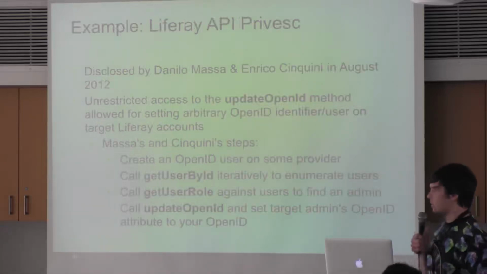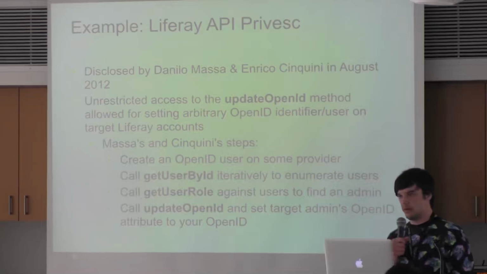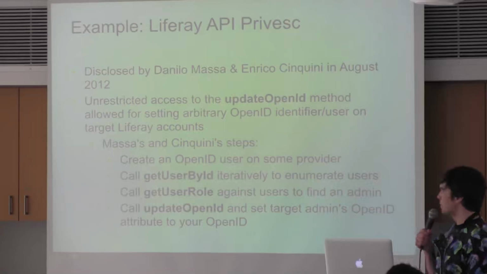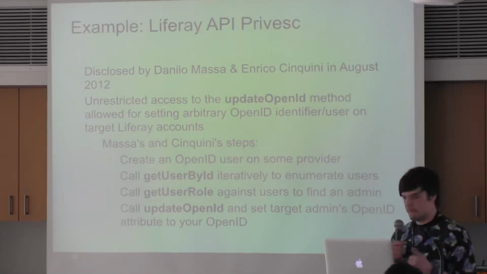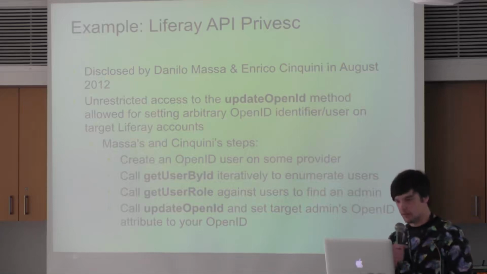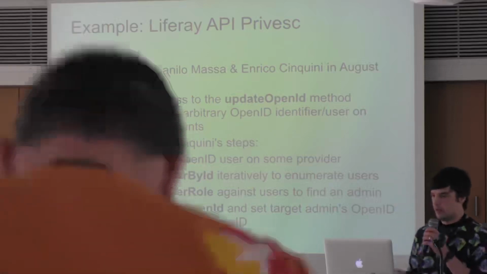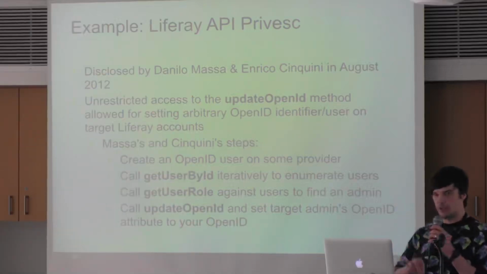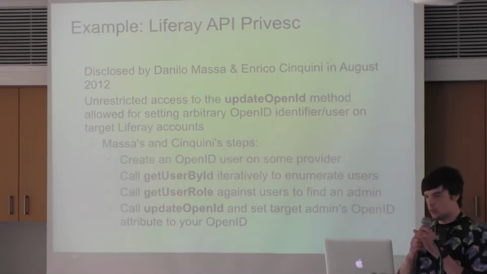So Liferay, is anyone familiar with Liferay? I think it's often used by medical equipment companies and clinics. In 2012, two guys, Danilo Massa and Enrico Cinquini, discovered that Liferay's JSON API had unrestricted access to one particular method that would let you set an arbitrary account's OpenID identifier.